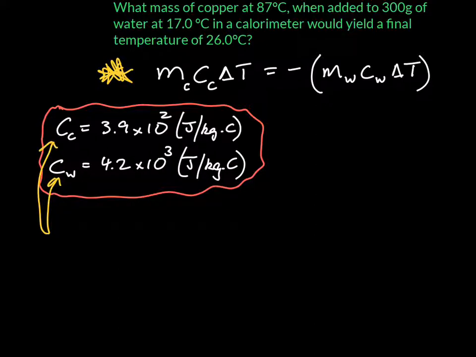And I would like you guys to actually practice subbing in those values to see whether we can arrive at a value to find out exactly what mass of copper was added to the water. Do some investigative work and scroll backwards if you like. Okay, so I'm going to leave that one with you.